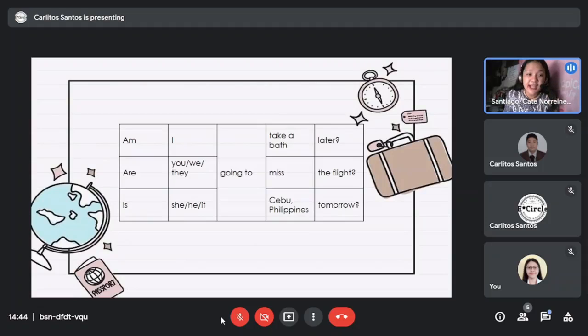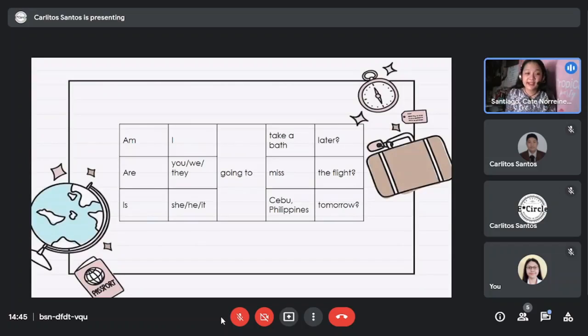And for the next sentence, "Are you, we, or they going to miss the flight?" You could answer yes or no. And lastly, Carlitos, please read the last sentence. "Is she, he, it going to Cebu, Philippines tomorrow?" Thank you. So, that is for the yes-no question.